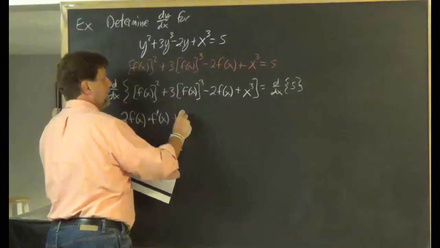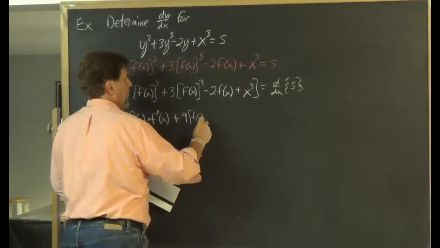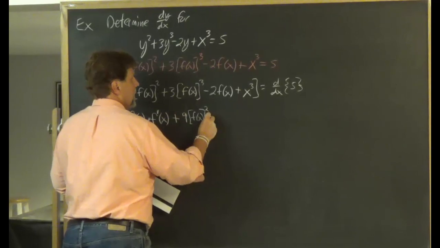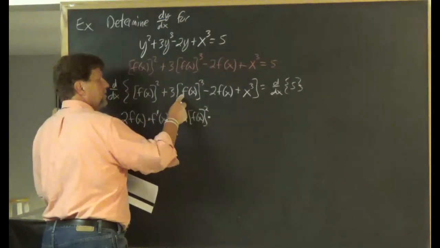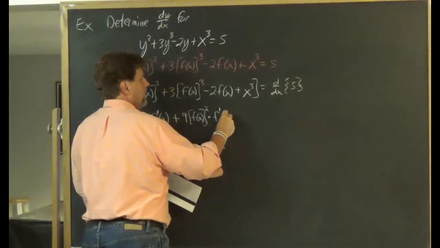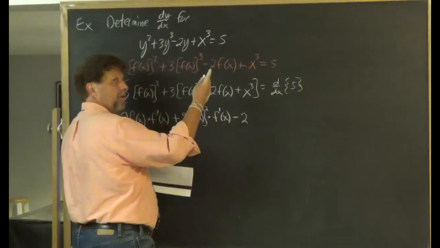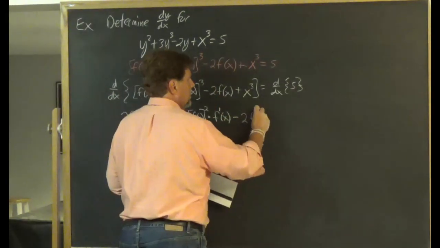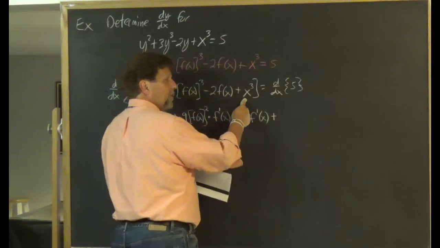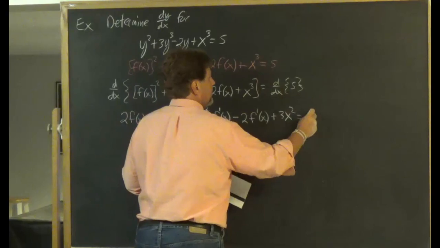So the 3 comes out front, so I have 9 times f of x squared times, the chain rule says, got to get the derivative of that function. Well, that derivative is f prime of x minus 2. Okay, the derivative of f of x is f prime of x plus, well, that's friendly, the derivative of x cubed is 3x squared, and the derivative of 5 is 0.